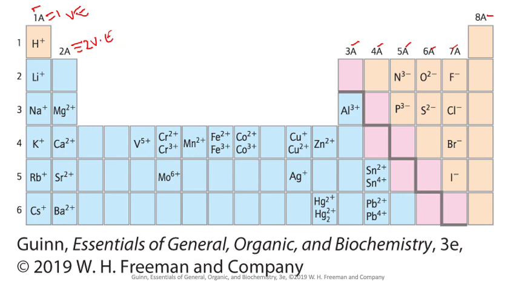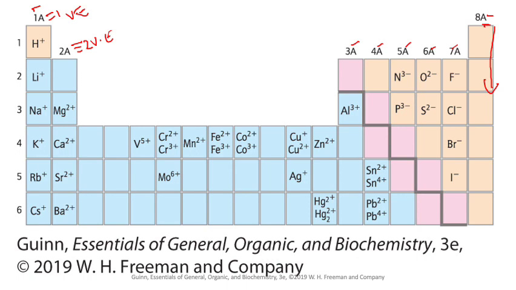That means any element in group 8A doesn't want to form any kind of compound because they are already stable. They have 8 electrons in there, so they don't want to interact with any other element because they're already satisfied or stable, right? And what's the name of this group? Called noble gas elements. So any element belonging to the 8th group, the noble gases, normally doesn't form any kind of compound with any other atom. They are stable alone, right?